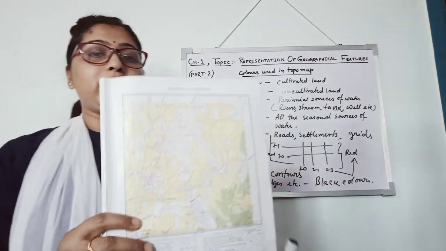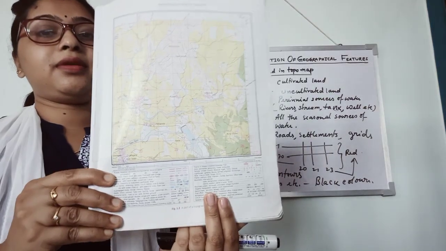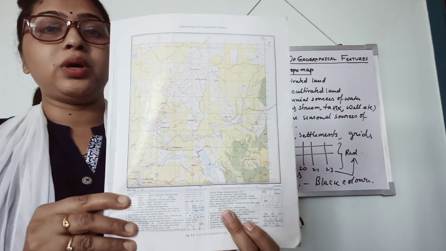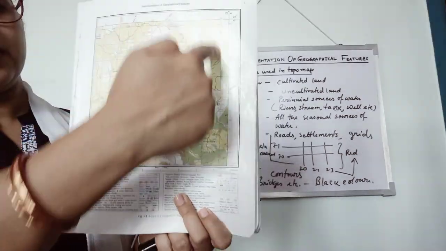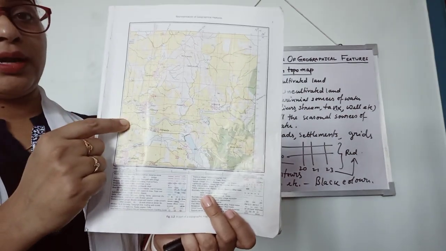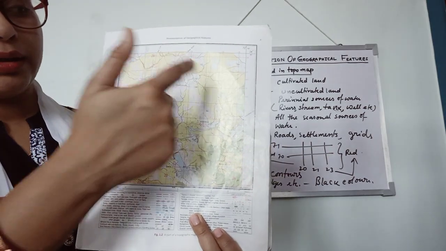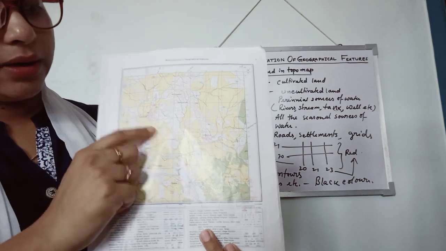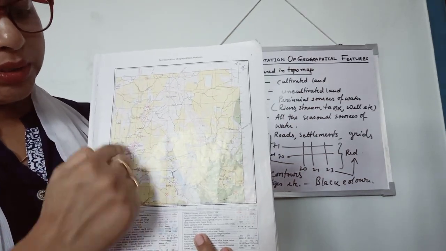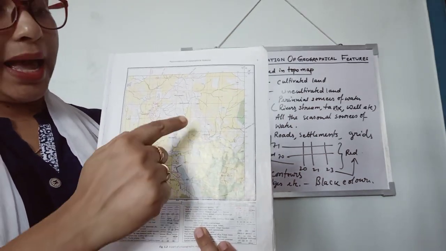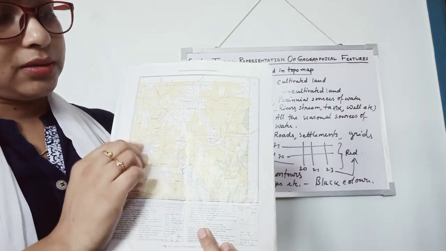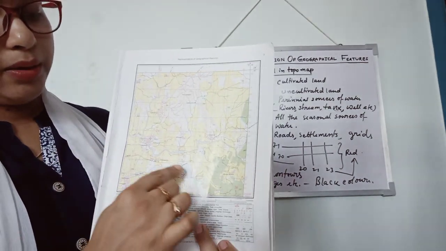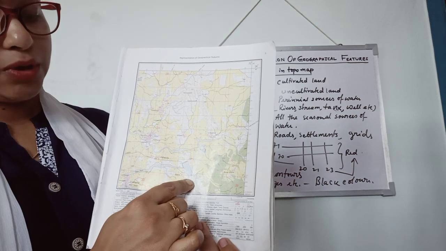Here I am showing the map which is given in your book. Here different colors are shown. Yellow color is cultivated, white color is uncultivated, green color is forest area, then here settlements, and these red color are roads. Then you can see some blue color, that is the perennial source of water.